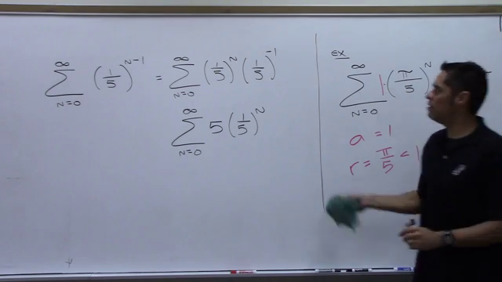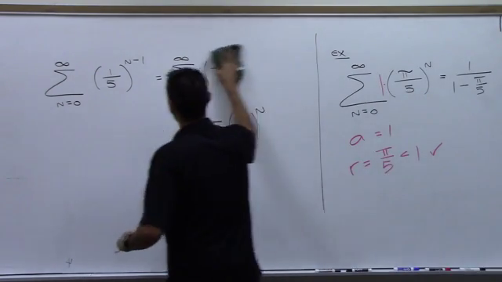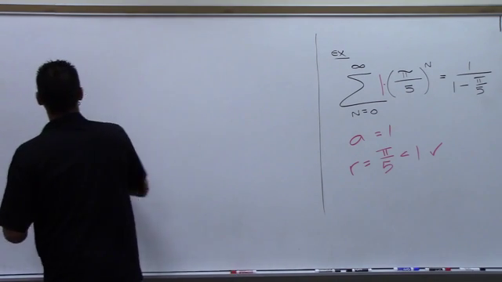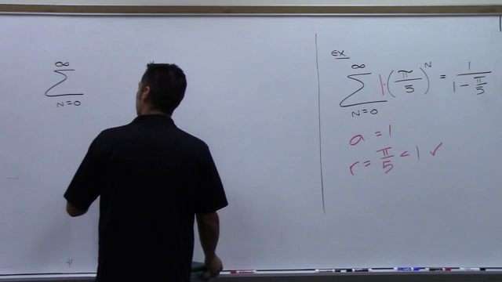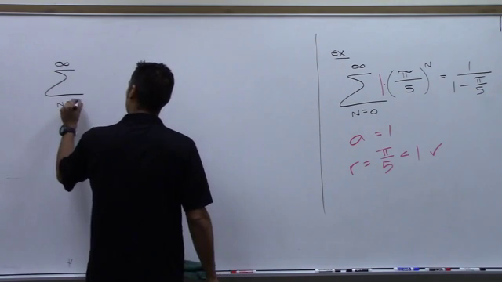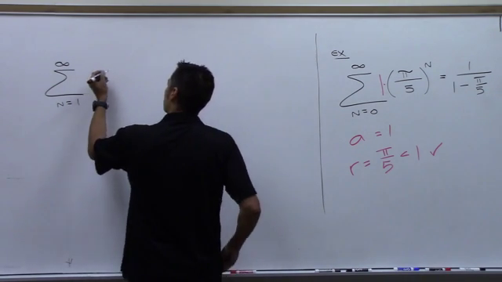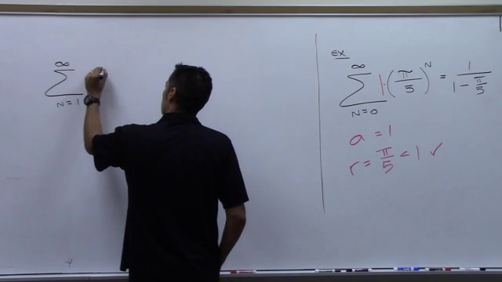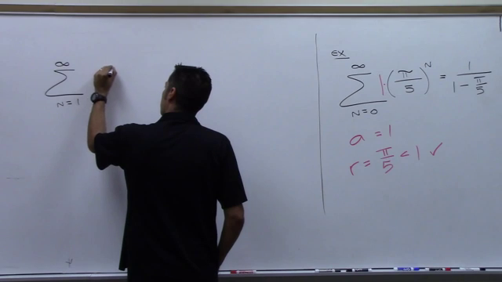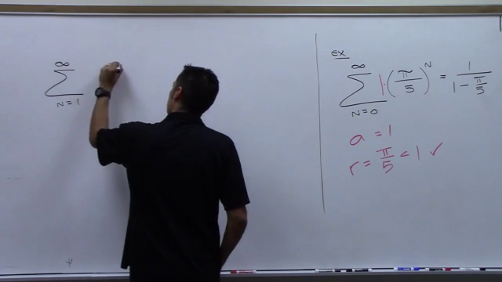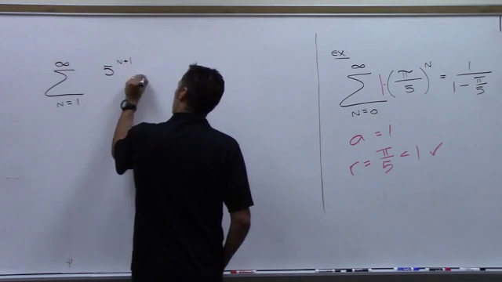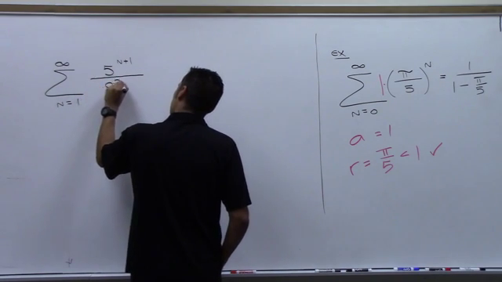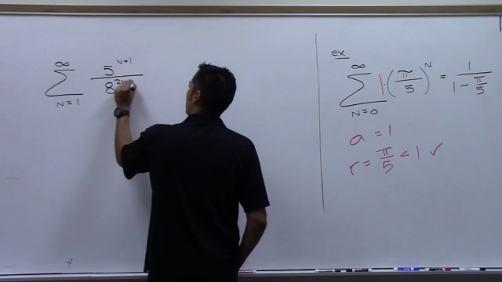Let me give you one that's a little bit more challenging. How about this one? Let's go 0. No, let's go 1. I'll make it hard. How about the sum of 5 to the n plus 1 over 8 to the 2n plus 1.